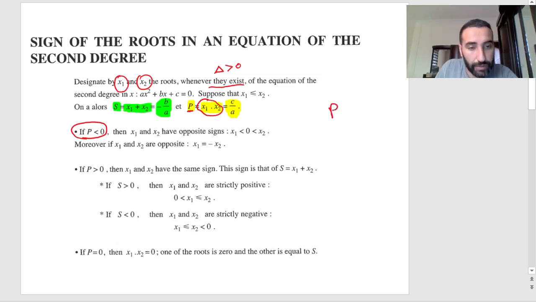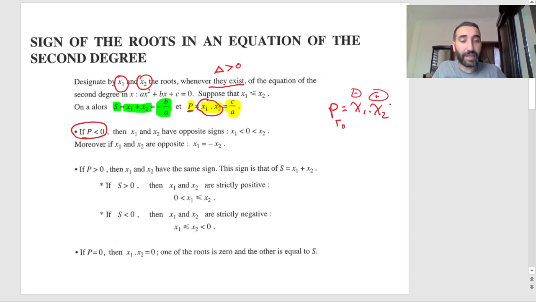I know that P equals x1 times x2. So if this product is negative, it means that one of the roots is positive and the other one is negative. Either the first is negative and the second positive. So one of them is negative and the other is positive.